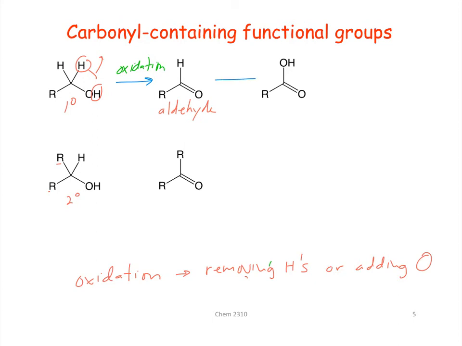Alright, so then if we go from this aldehyde, what's this last compound called? This is called a carboxylic acid, right? What have we done here? Okay, in this case what we've done is we've added this oxygen right here. Right? So this is another oxidation.